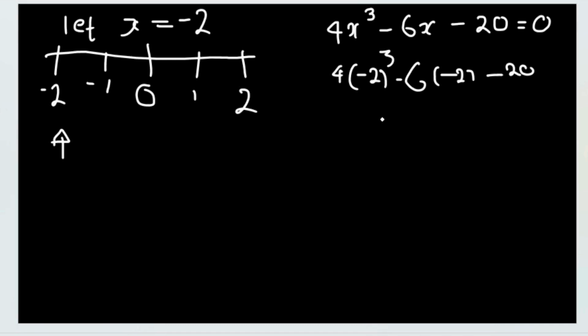I know here that if I plug this value in, say 4 into minus 2 cubed minus 6 into minus 2 minus 20, I get positive 8. Let me just put it here.